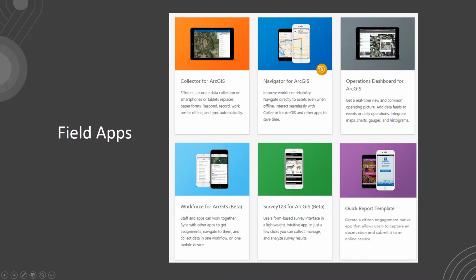These two applications focus on data editing and data capturing, but Collector is more of a map-based or location-based data collection, whereas Survey123 focuses on questionnaire-based or form-based applications.